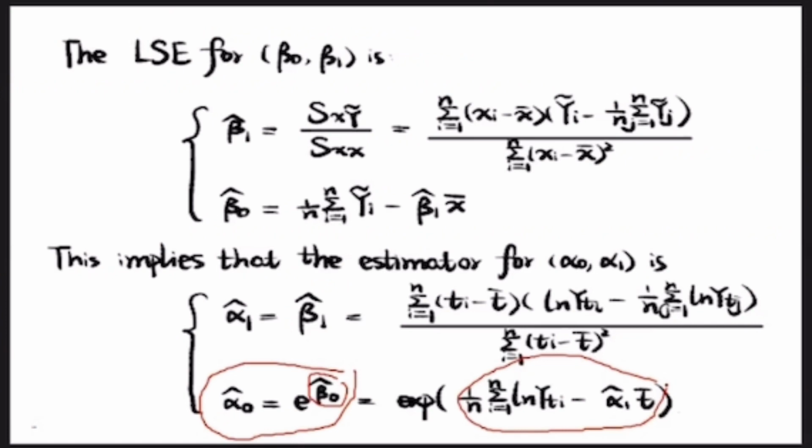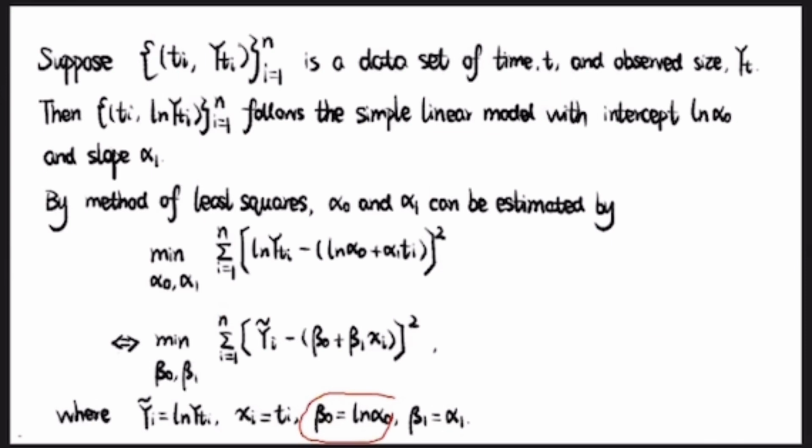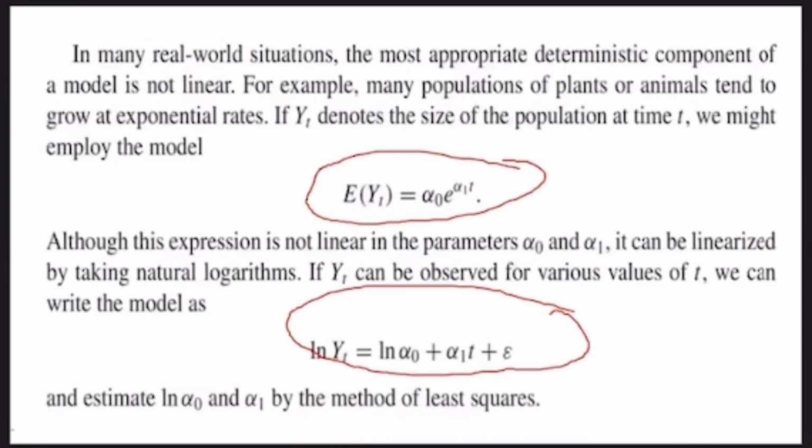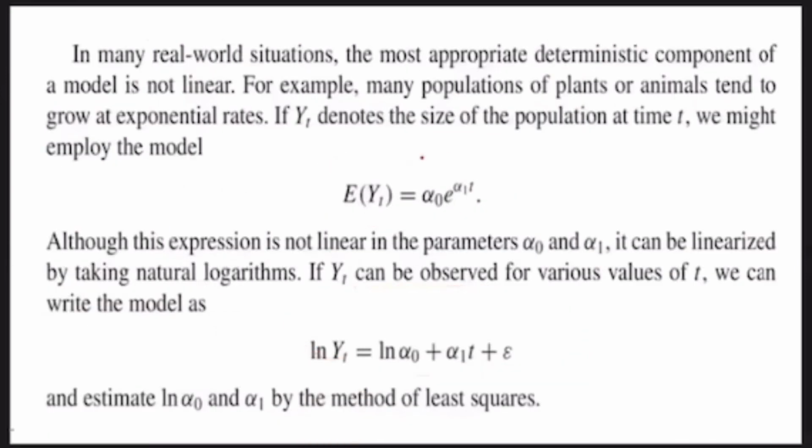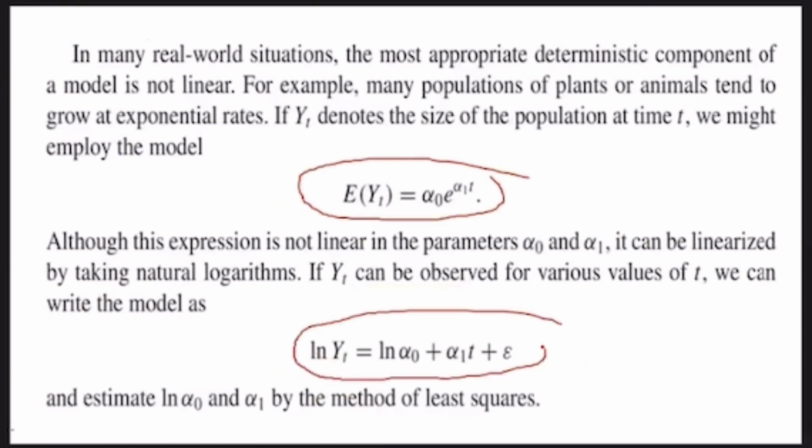Take a look at that. So which means if I have a specification, after transformation, it's going to look like this. And I will be able to use a linear approach on that.